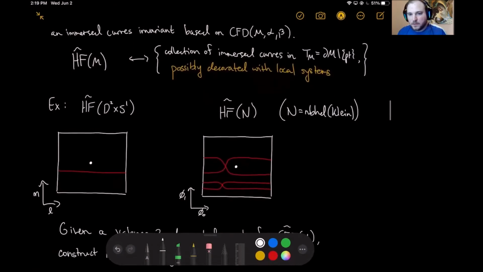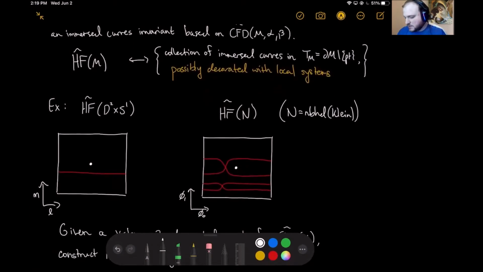Right, so some examples of this. We saw the type D structure for the solid torus before, and here's the curve invariant for the solid torus on the left. It's just homotopic to the homological longitude. And on the right, we have the immersed curves invariant for N. This is the neighborhood of a Klein bottle in a closed orientable three-manifold.